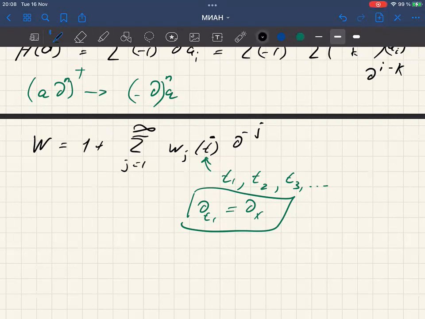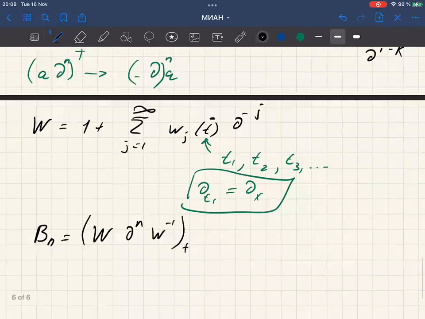And we could introduce operators Bn. They are differential operators, and it is equal to the positive part of L to the power n, minus 1 plus.